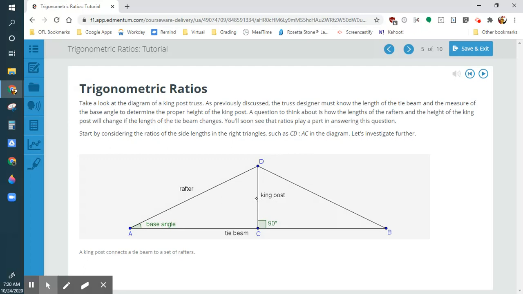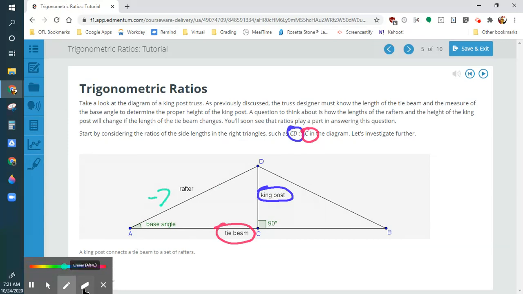So I'm going to start highlighting that, that way we know what we're talking about. And then we're going to be talking about our AC, which is our tie bar. So we're going to have to figure out our rafter here. They're just demonstrating it using this picture.